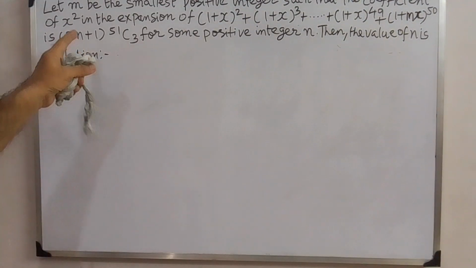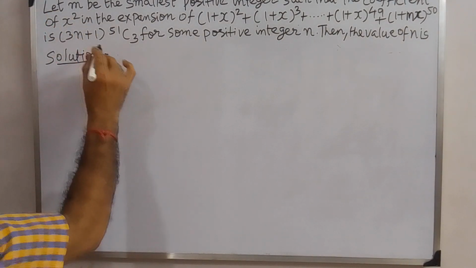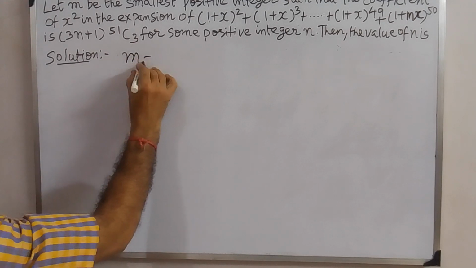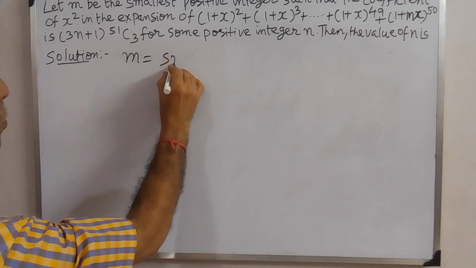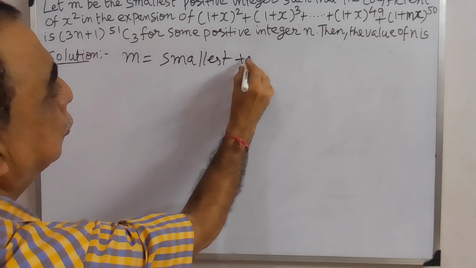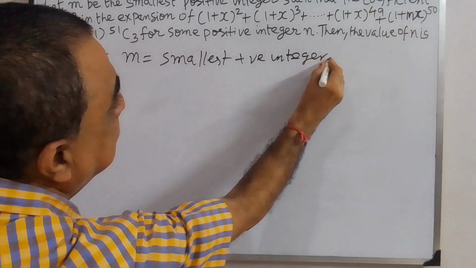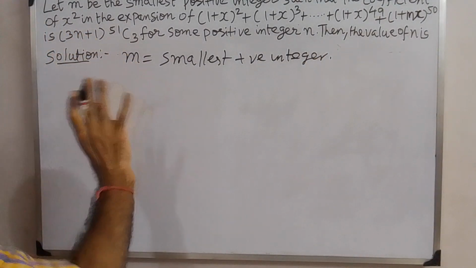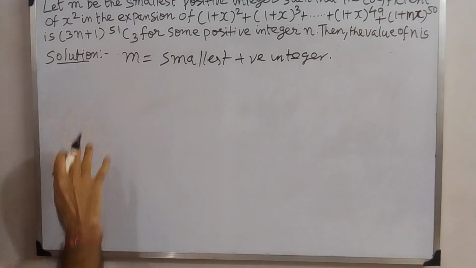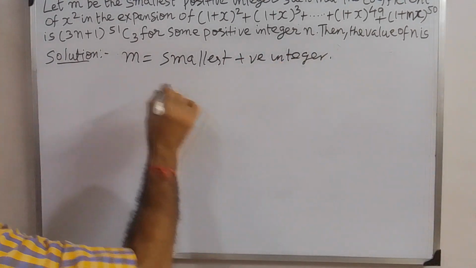Now first understand the question. The question is saying that m is the smallest positive integer, the smallest possible integer that is greater than 0.